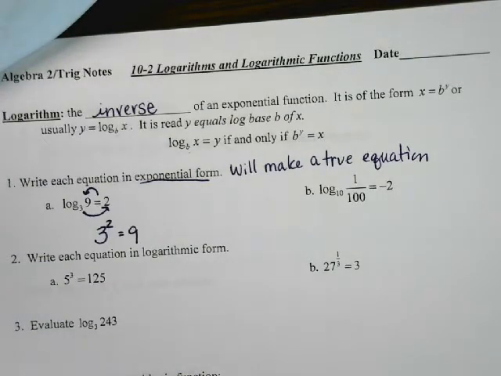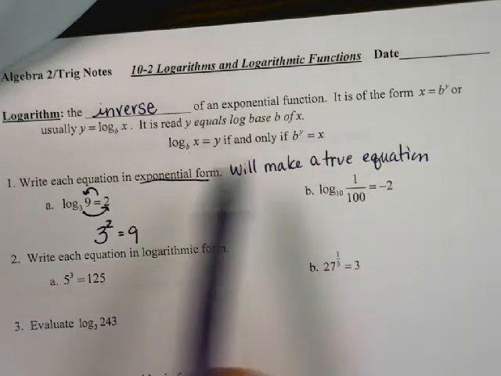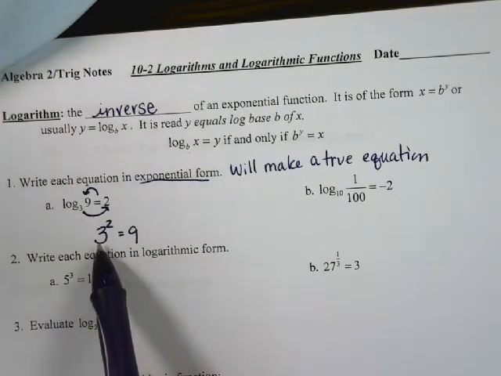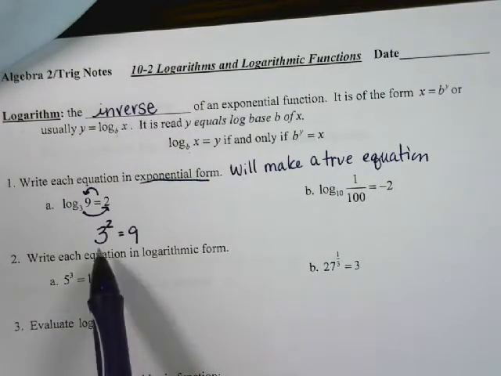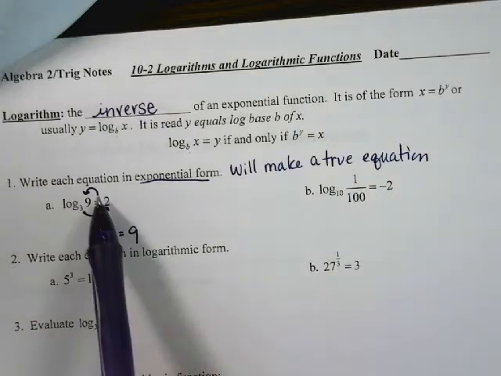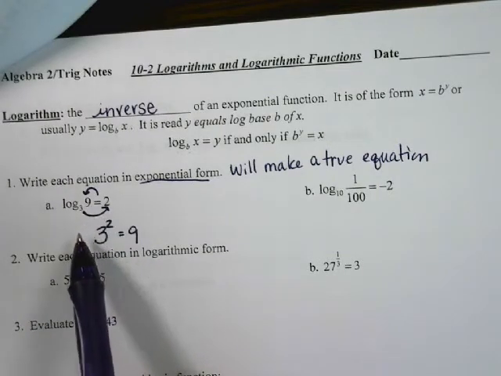Did I make a true statement? Yeah, 3 squared is equal to 9. But did I say it backwards? b to the y equals x. Oh, yeah. I think I said it backwards. Sorry.